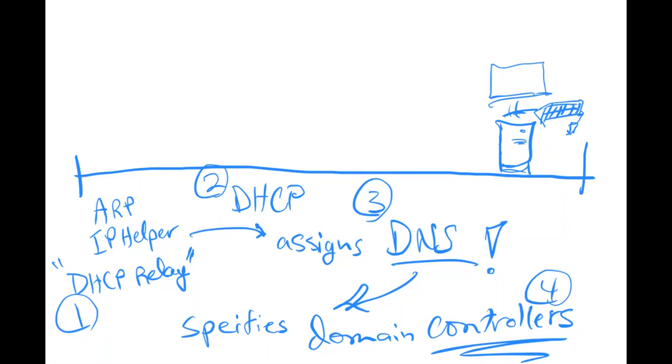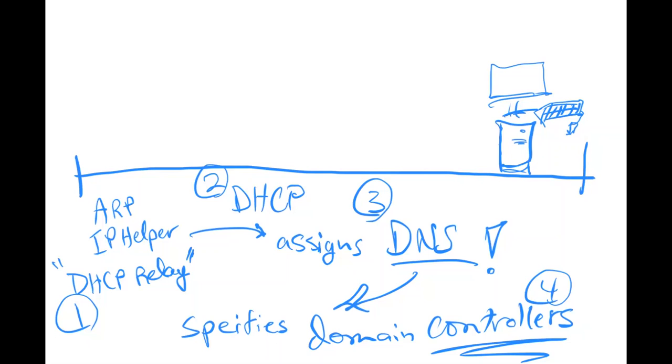That managed switch allows you to control where you get your DHCP addresses from. The DHCP addresses include DNS, include exclusions for NetBIOS, so it's automatically disabled. And it tells you where to find, when you want to join a domain, where the domain controllers are, right?